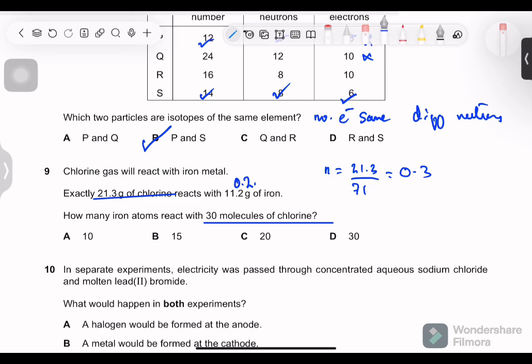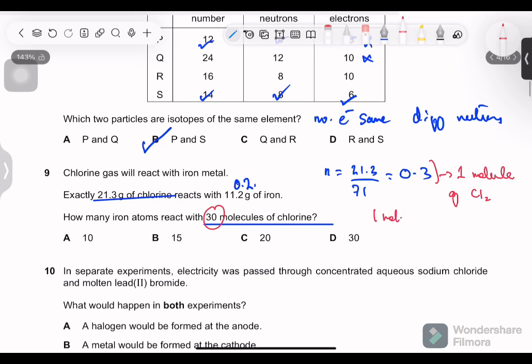Look, this was one molecule of chlorine, right? And now what we want is 30 molecules of chlorine. So if one molecule of chlorine reacted with how many moles of iron? Let's do this in terms of moles. 0.3 moles of Cl2 reacted with how many moles of iron? 0.2 iron.